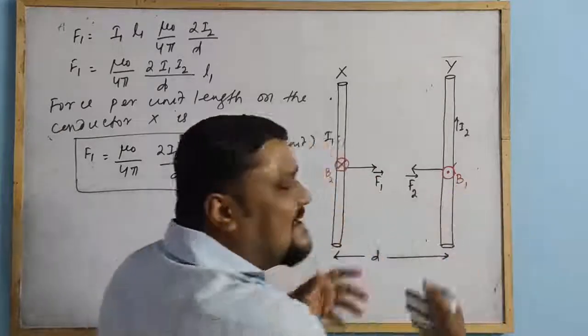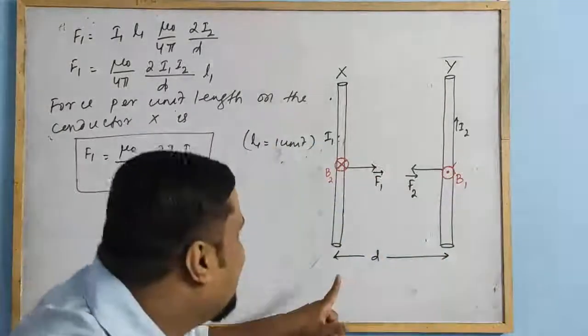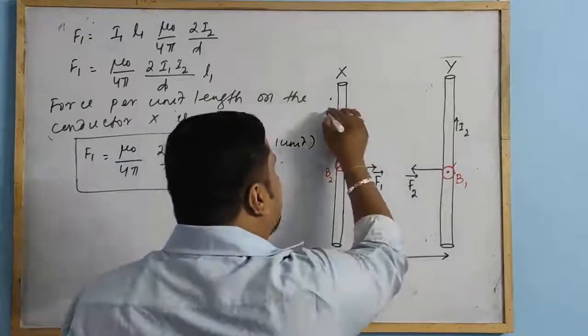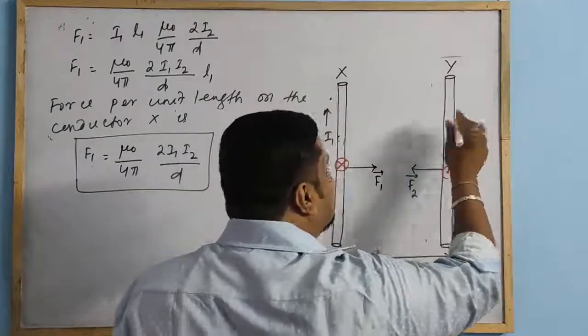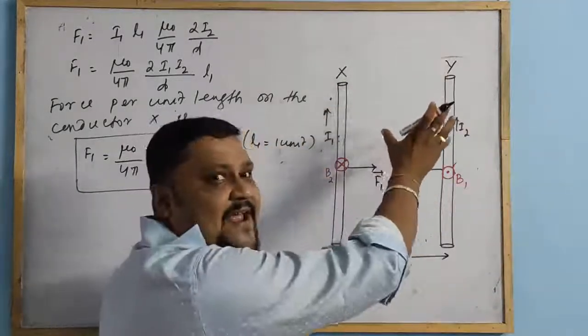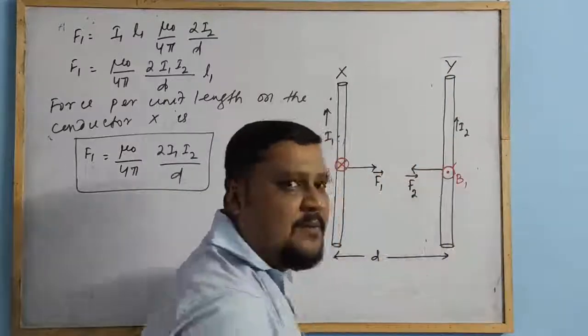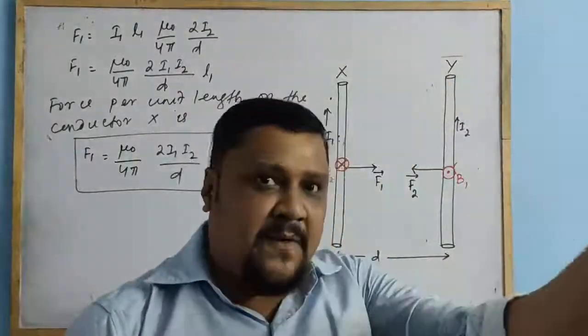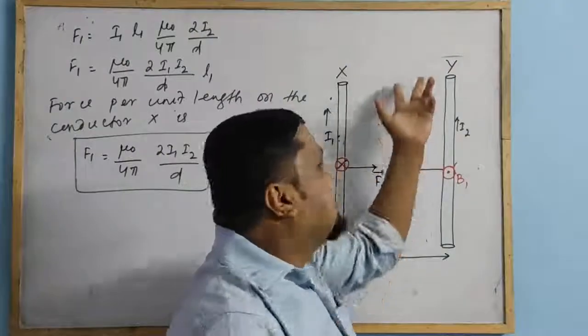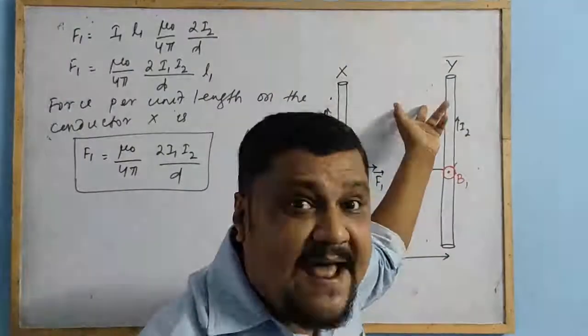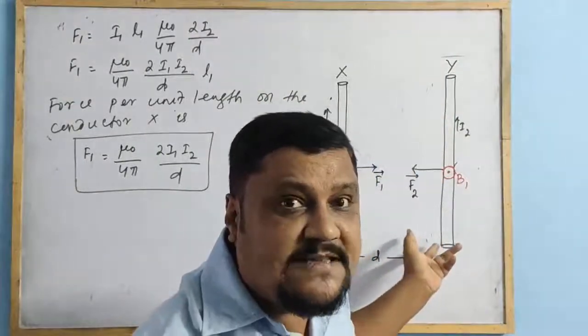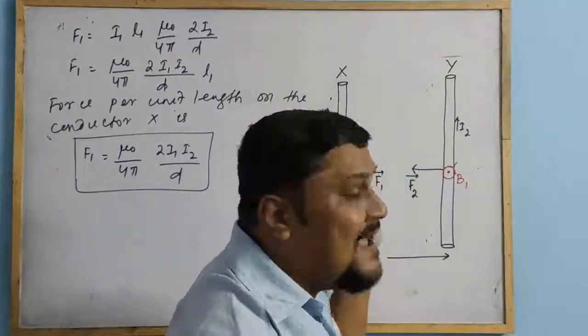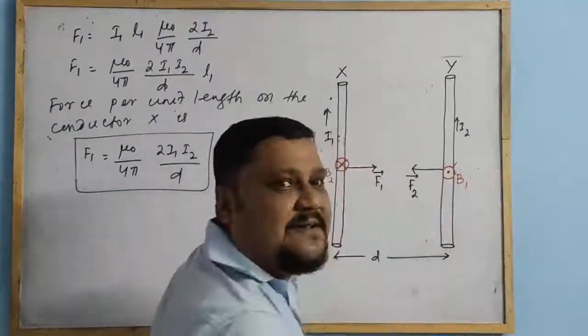So the force is attractive. Like currents, both currents in the same direction, the force is attractive. Like charges repel, but like currents, meaning both in the same direction, attract. So they attract each other.